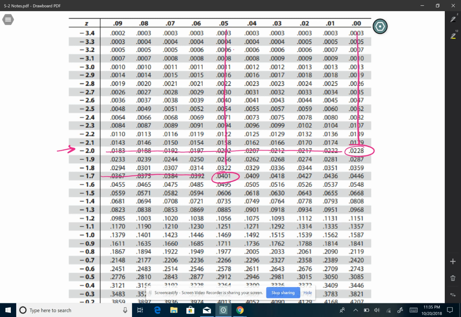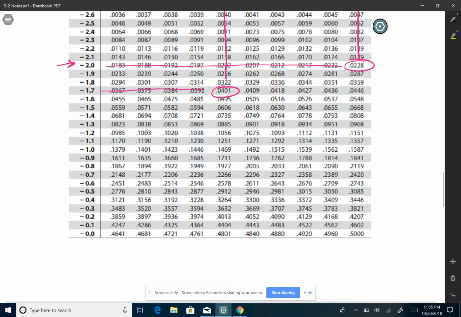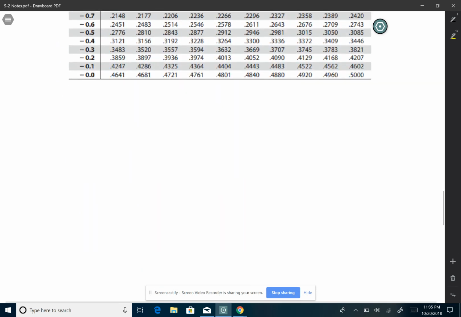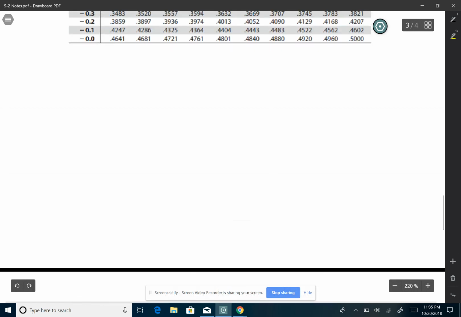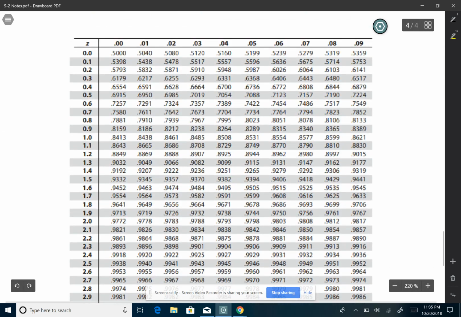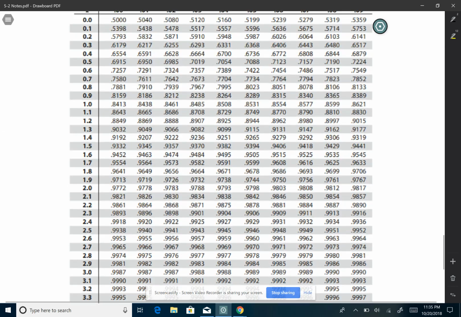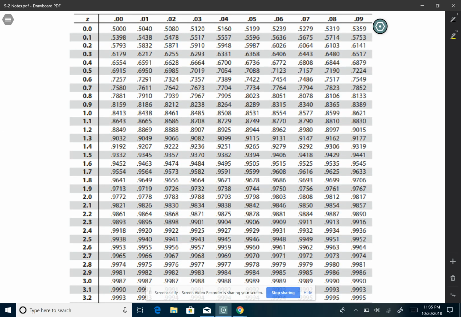The other one was a z-score of 0.75, and we want it to be positive 0.75. Going all the way down, there are 2 pages of these. One page has the negatives and one has the positives. So I go down to positive 0.7 and then across to 0.05, and that's 0.7734.